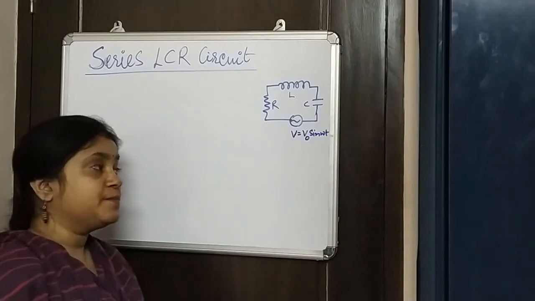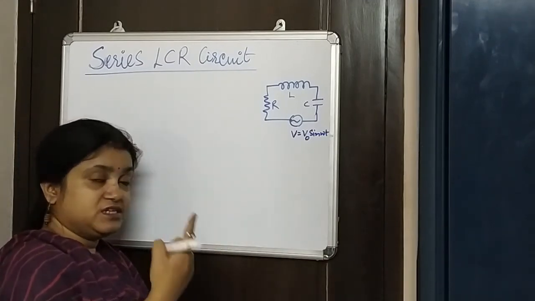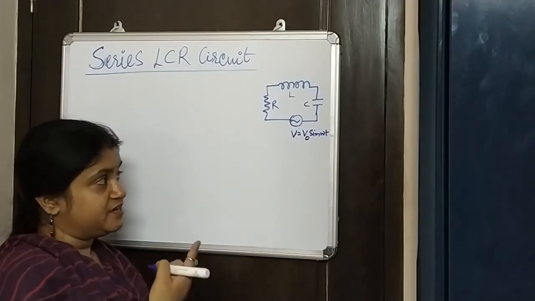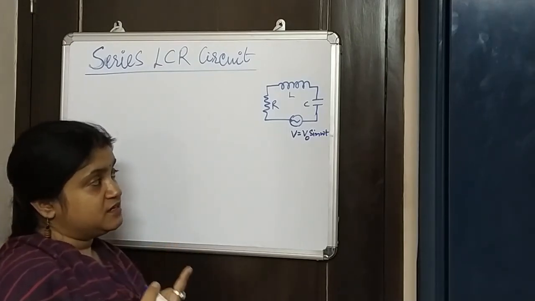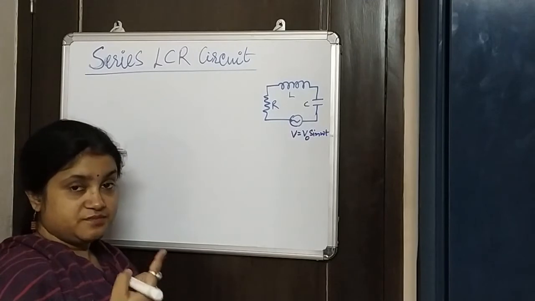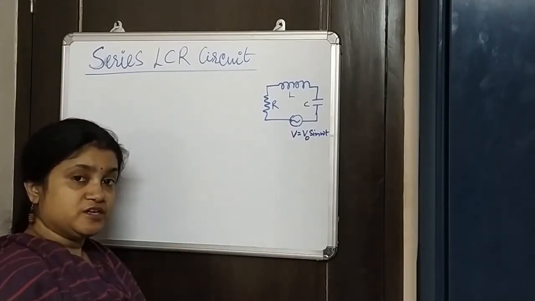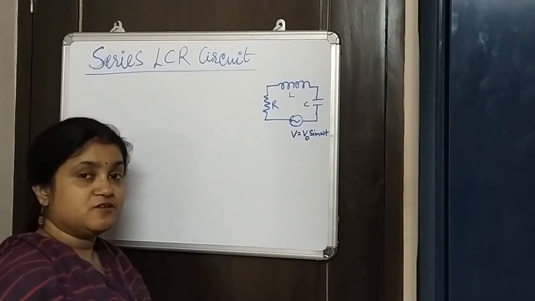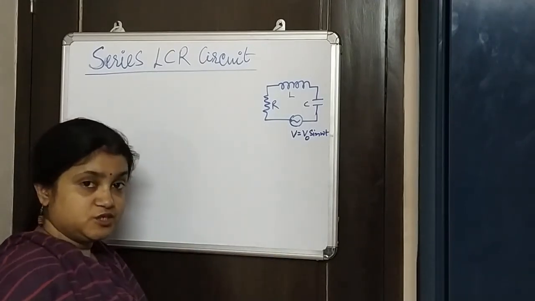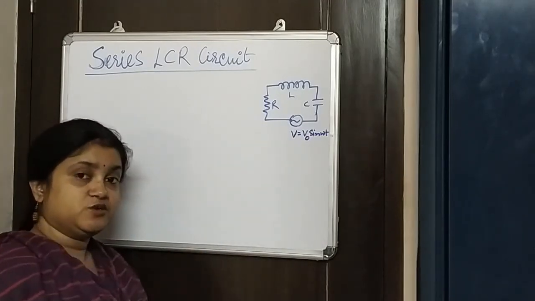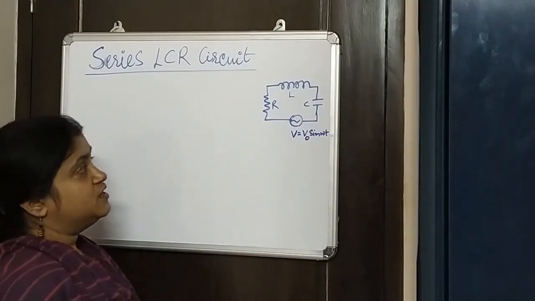It means that the AC voltage is changing its direction, and it is changing its magnitude, and it is a sinusoidal change, and the frequency of this change is denoted by omega. The peak value of the voltage is denoted by V0.